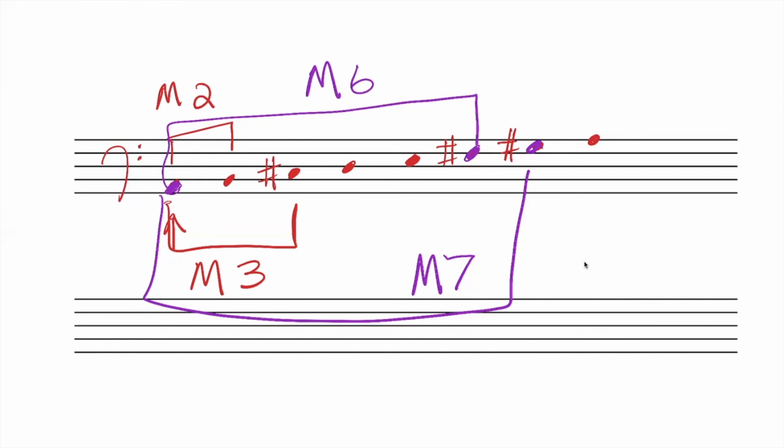What you want to remember is that seconds, thirds, sixths, and sevenths are all major when the lower note is tonic of the corresponding major scale, and the upper note is in that scale.